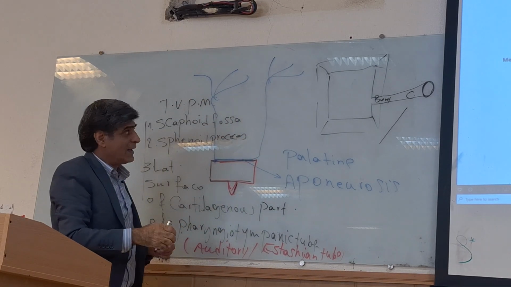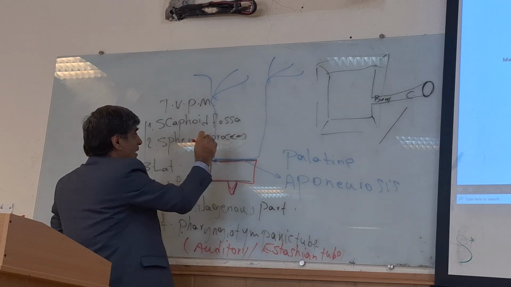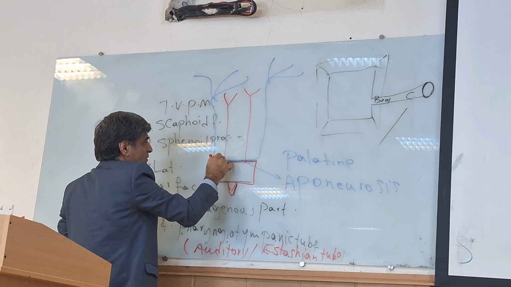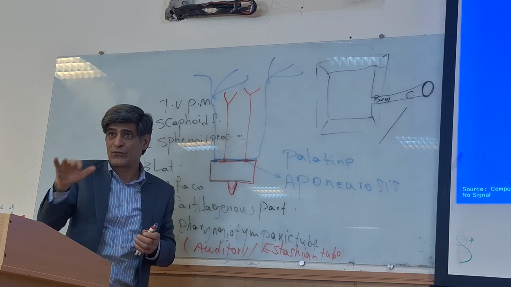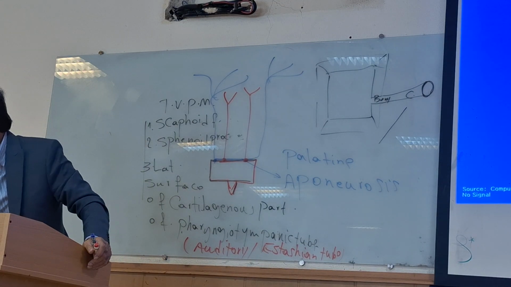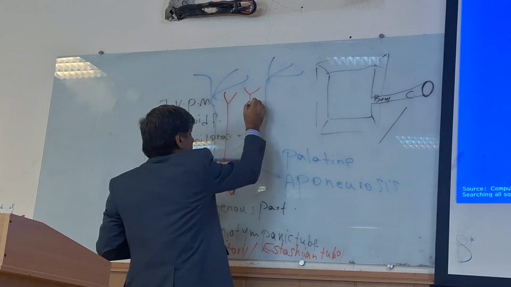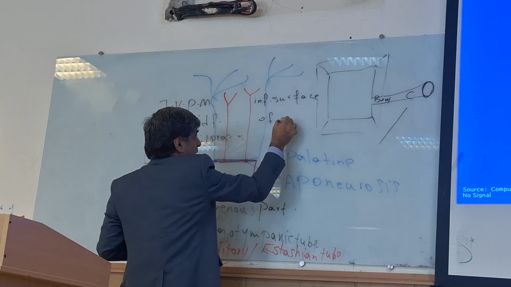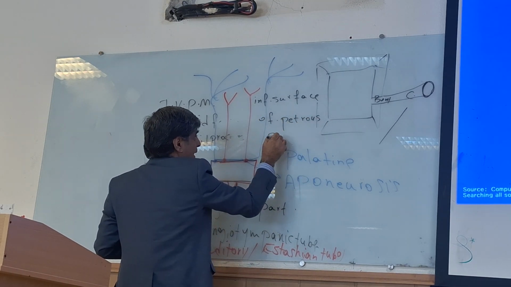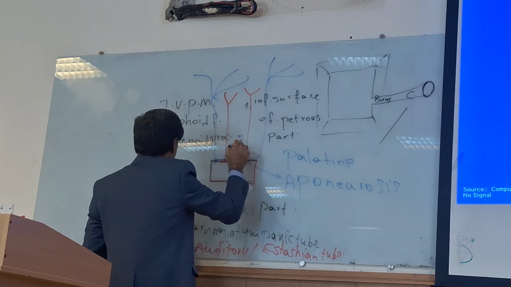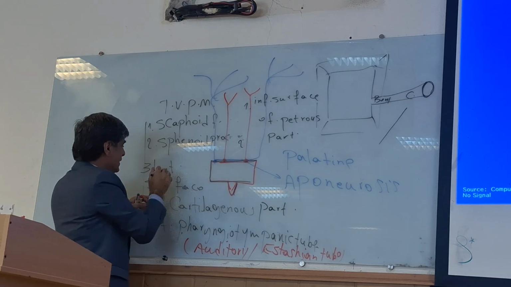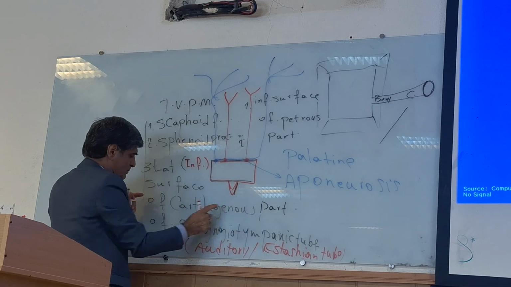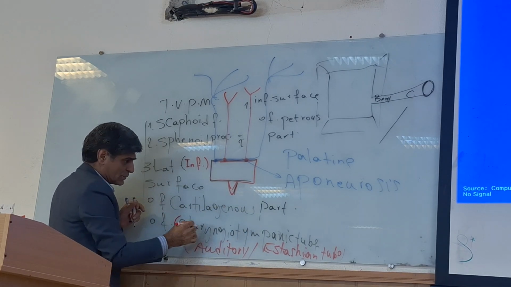Another muscle is levator veli palatini. It has origin from two parts. One, the inferior surface of the petrous part. Two, the inferior surface of the cartilaginous part of the pharyngotympanic tube. Note that for the tensor it was the lateral surface, but here it is the inferior surface.